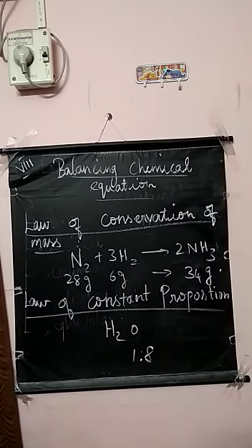If both elements occur the same number of times, again some confusion arises. First we have to balance the least-occurring element. If both occur the same number of times, we have to go with the atomic mass.